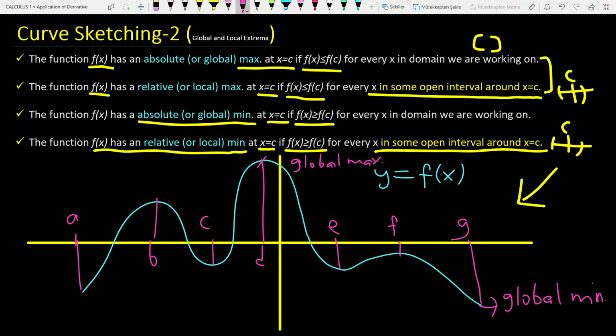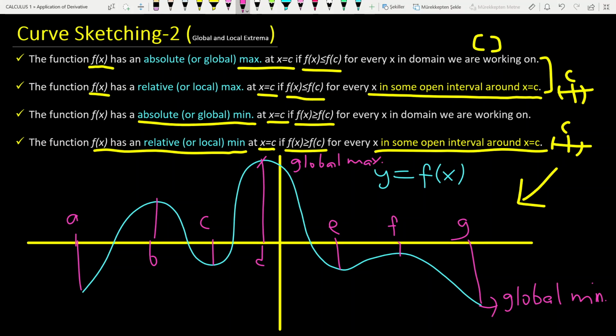Okay. What about local extrema? We may have many local extrema points. Is the point A a local extremum or not?